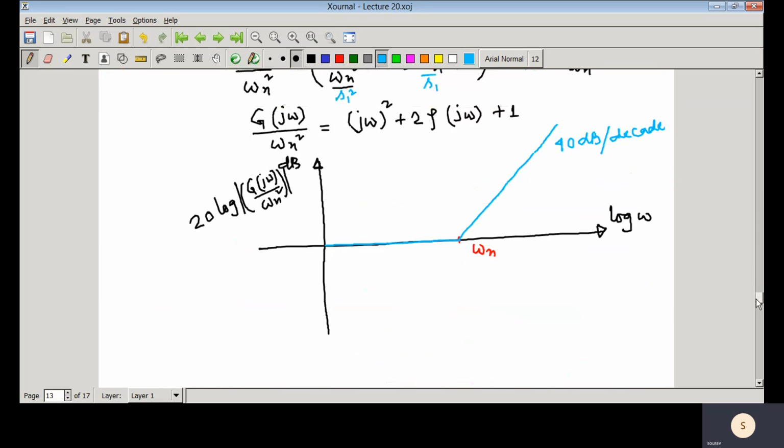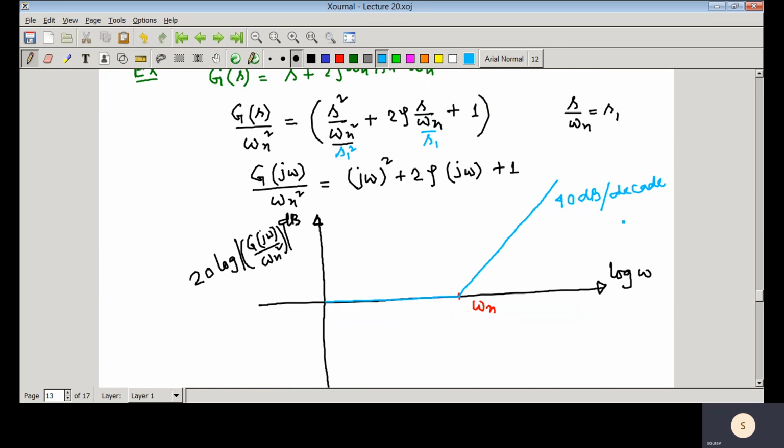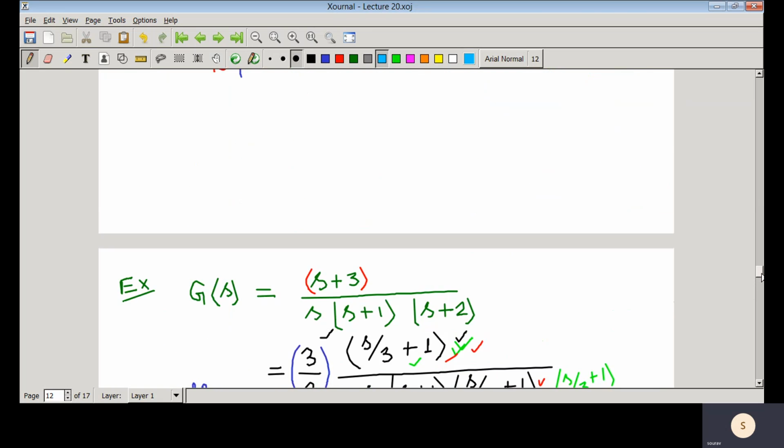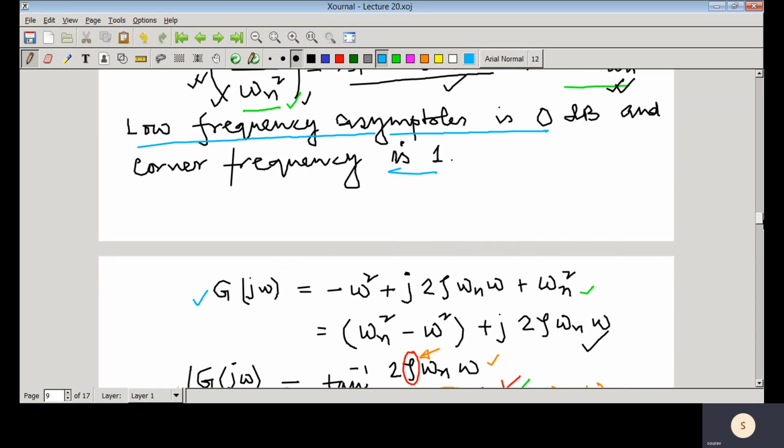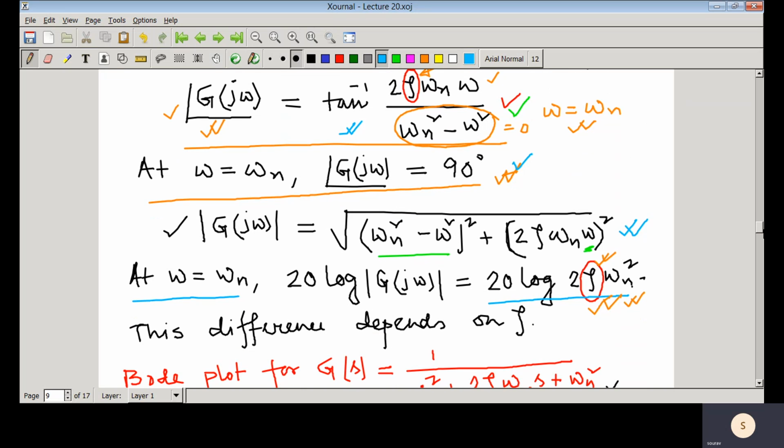So here we have seen that the slope is 40 dB per decade. This is the asymptotic Bode plot. Now one interesting thing that we discussed in the last class: if we calculate the actual magnitude, it is this one, omega n squared minus omega squared. At omega equal to omega n, that means at the corner frequency, this term would be equal to 0, but the other term would be there, and that depends on the zeta value.